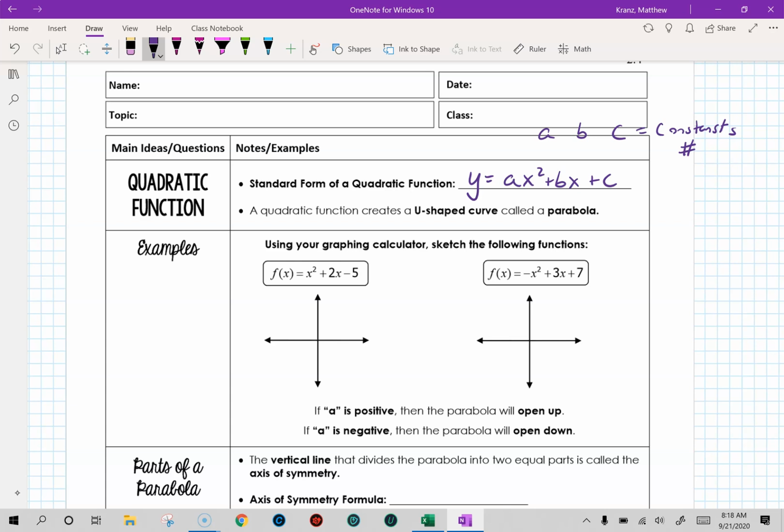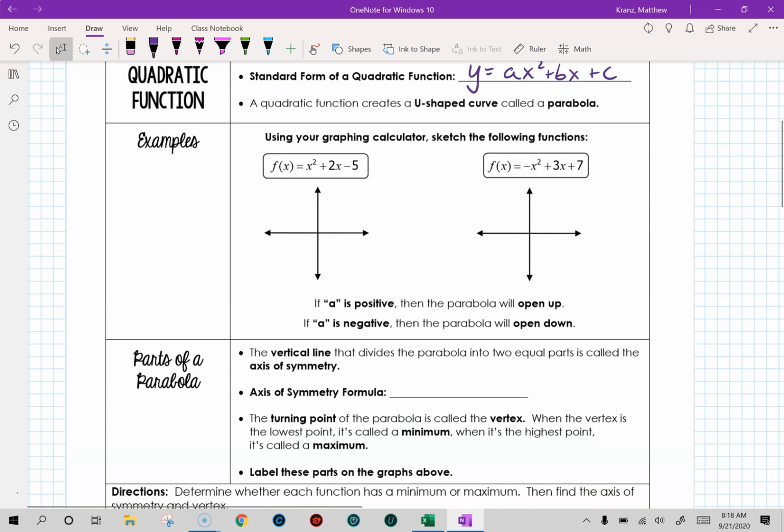All right. So I know a lot of people have graphing calculators. What we're going to do is either A, use a graphing calculator, or B, go to desmos.com/calculator, which I'm going to go ahead and do now.